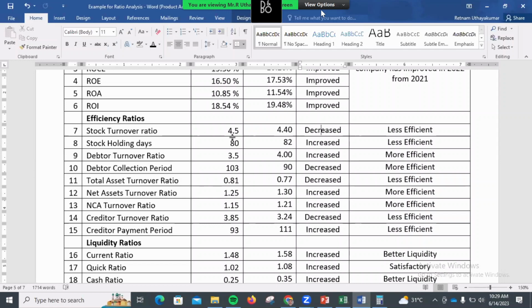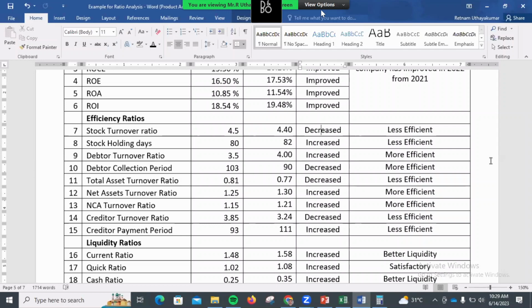Overall efficiency ratios should be compared. You count a number of indicators that show more efficient or less efficient. Less efficient: 1, 2, 3, 4, 5. More efficient: 1, 2, 3, 4. So less efficient is more than more efficient.